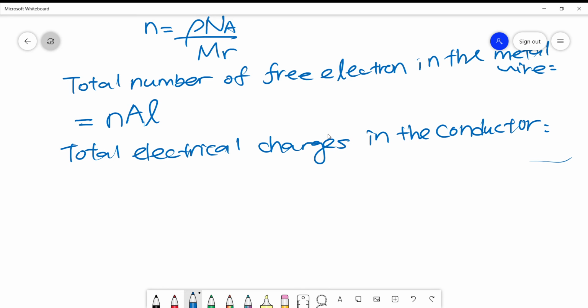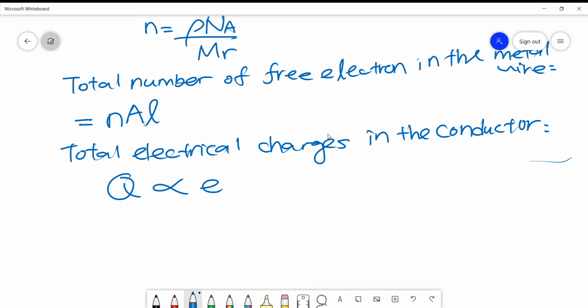So Q is directly proportional to the total number of free electrons.